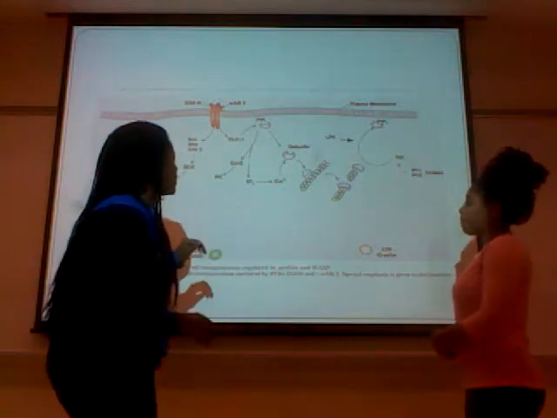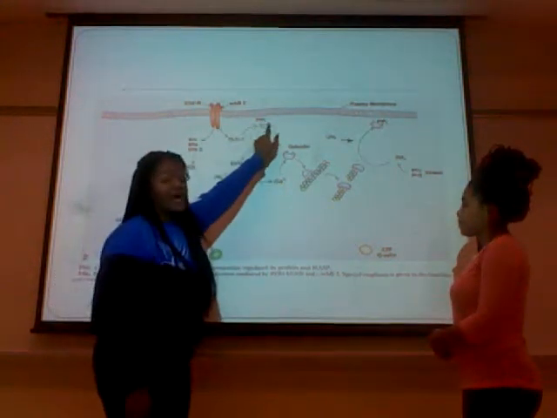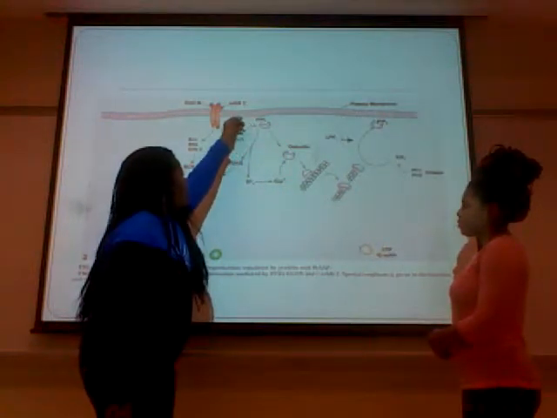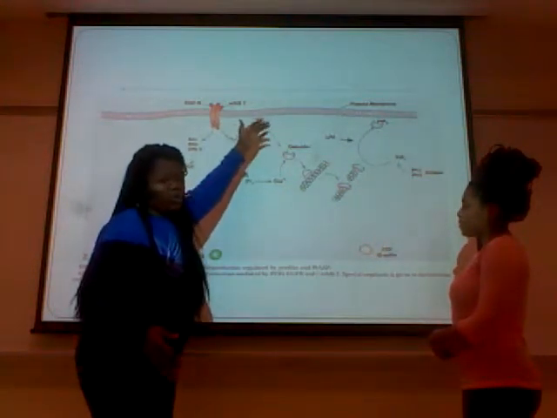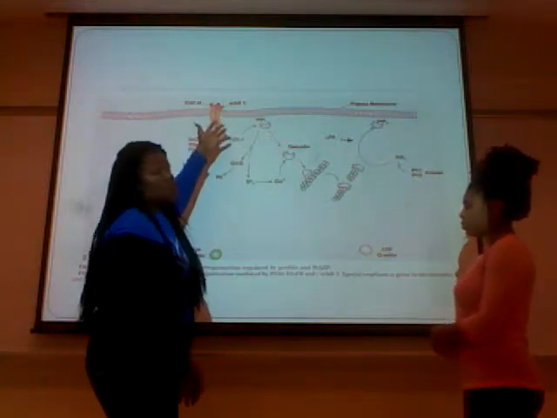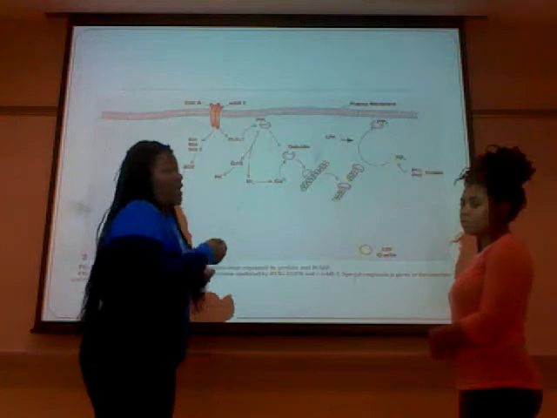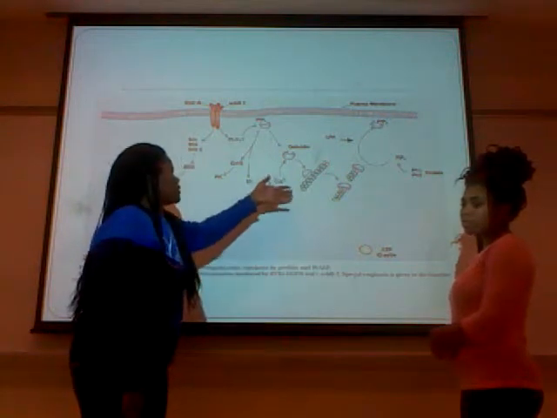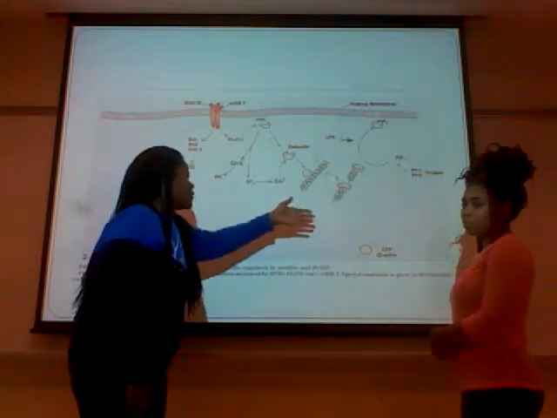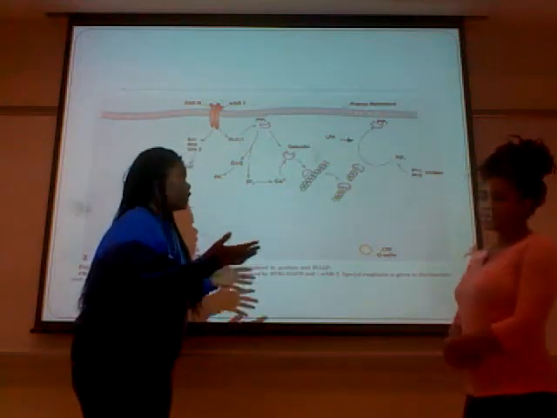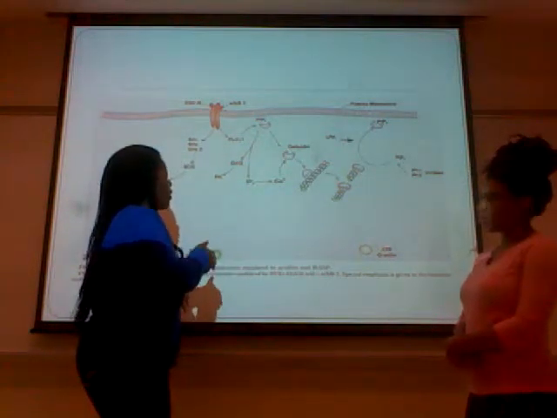To mention, gelsolin is originally attached to PIP2 at the plasma membrane, and the gelsolin gets released from the PIP2 when this pathway is activated. So this whole pathway is really intricate and important to allow gelsolin to do its job and allow the F-actin to split up and increase motility this way.